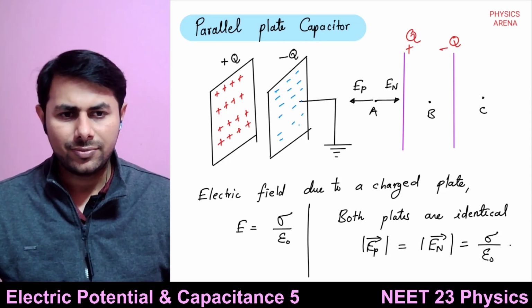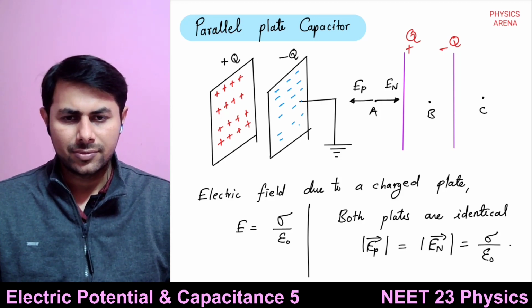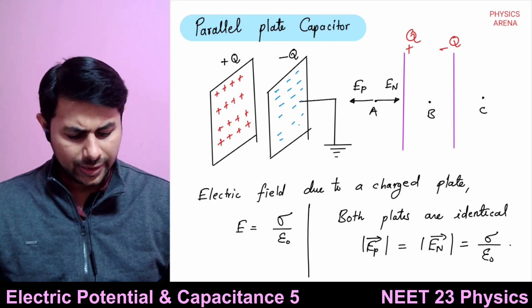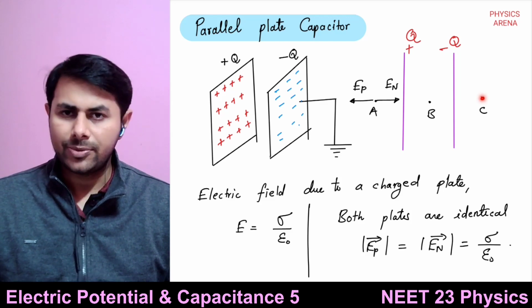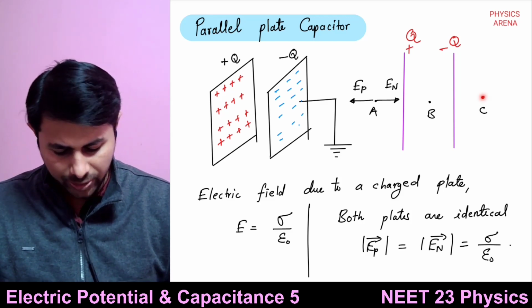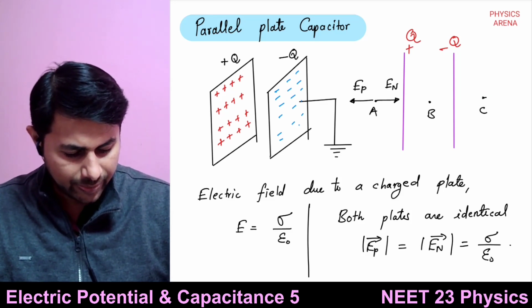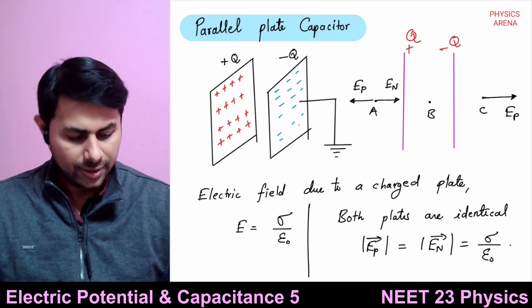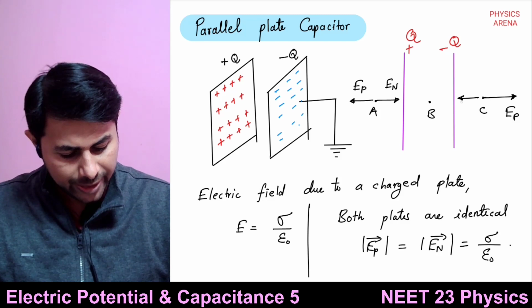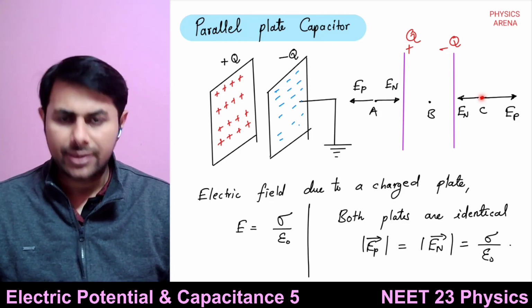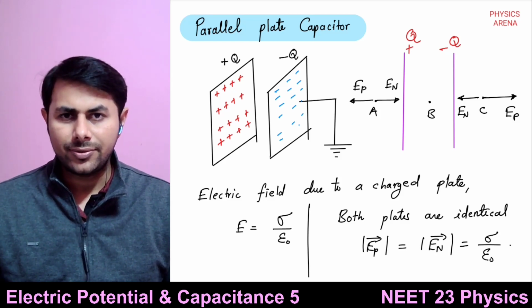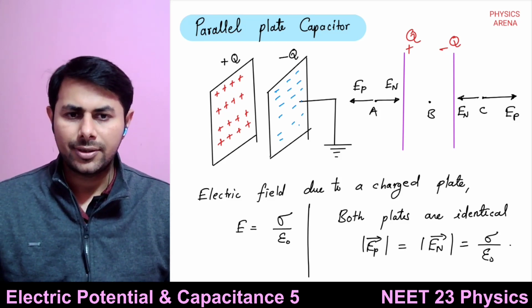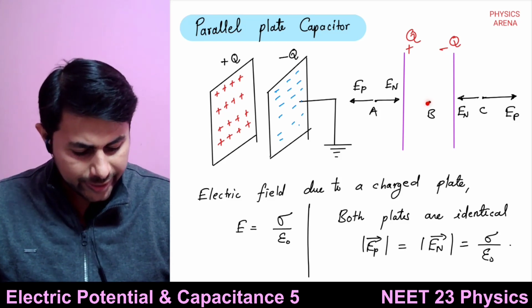Got it? Similarly, we can reason for this other point. The electric field due to the positive plate will be directed like this, and due to the negative plate like this, so the net electric field at this point will also be equal to 0.